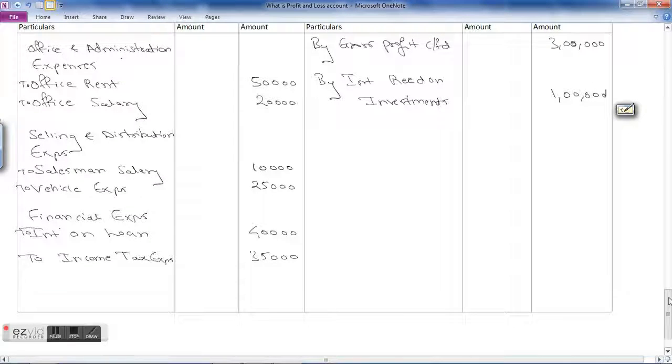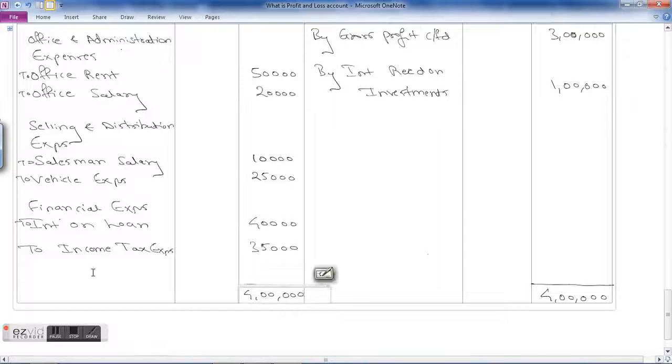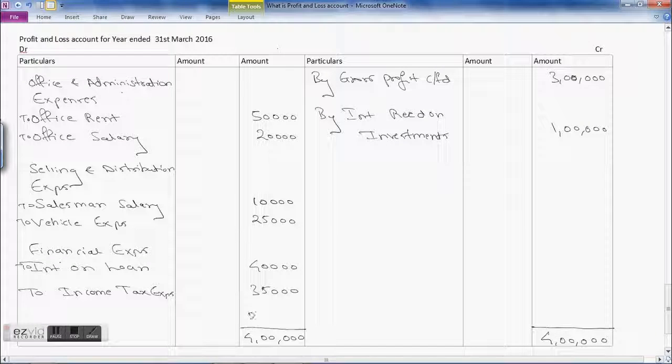Okay, so credit side total is greater. So 4 lakh minus debit side total will give you 2 lakh 20,000.